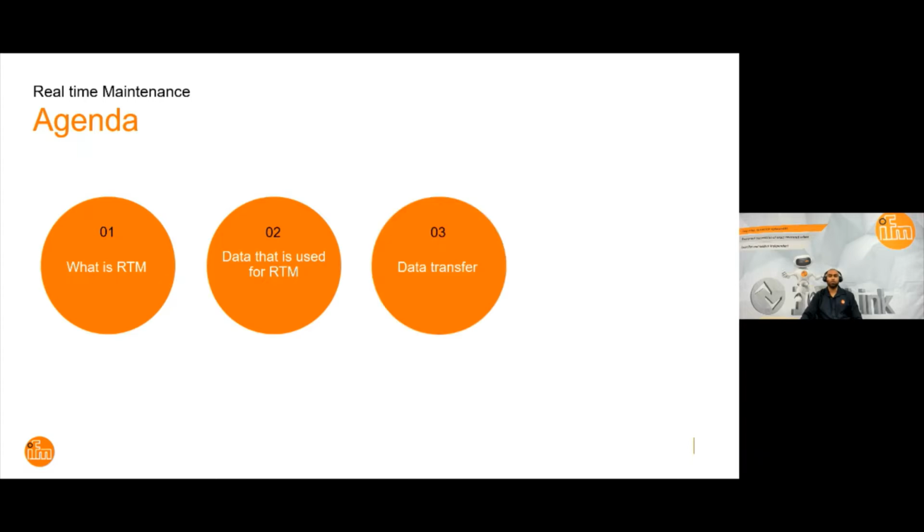Then we're going to look at the data transfer, and that is what carries this information and why this technology is needed for real-time maintenance. And then we're going to be looking at how we're going to manage this data, how we're going to actually collect, sort, and visualize this real-time maintenance data.